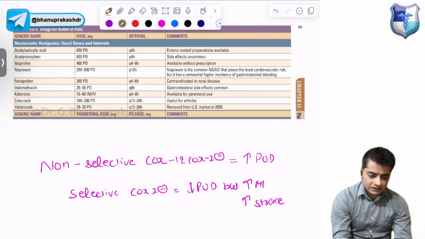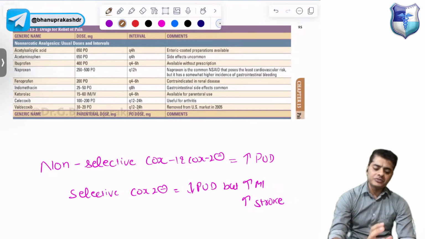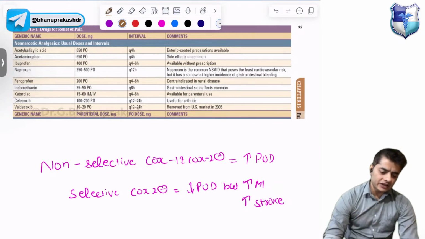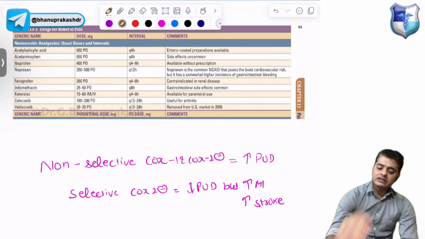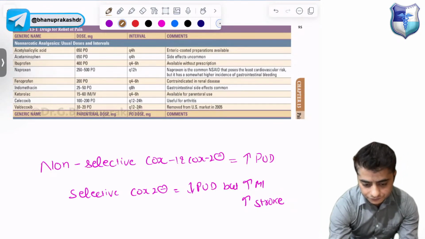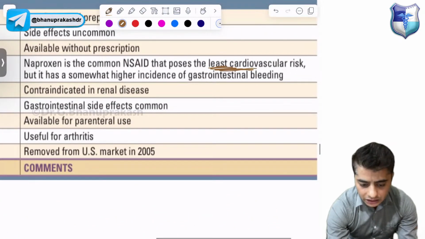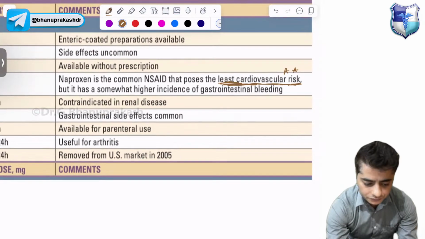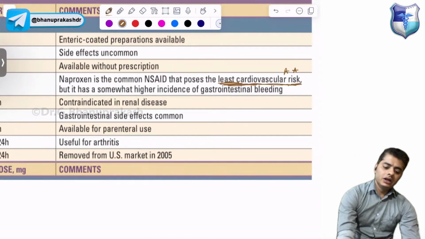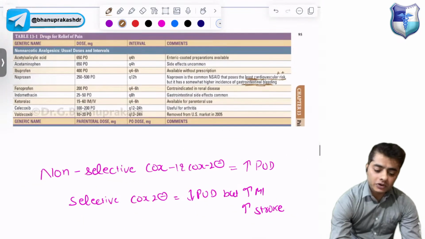Now you can see that there is one NSAID, naproxen, which is given around 200 to 500 mg, and generally it is a BD dosing. Naproxen is the NSAID that has the least cardiovascular risk. Other NSAIDs have somewhat higher risk.